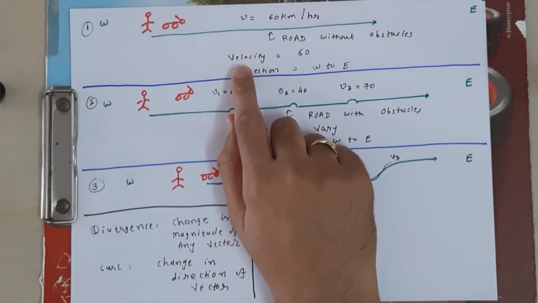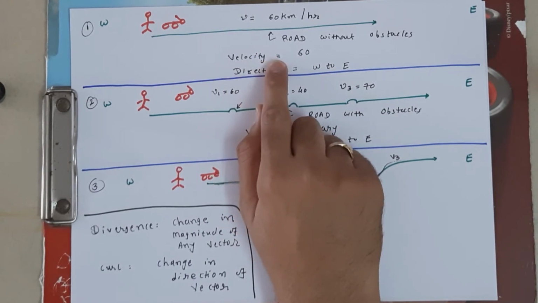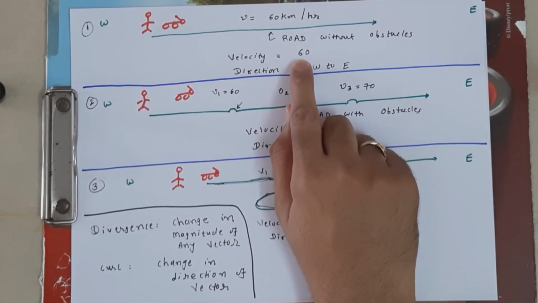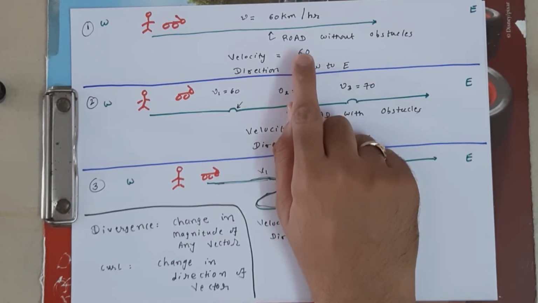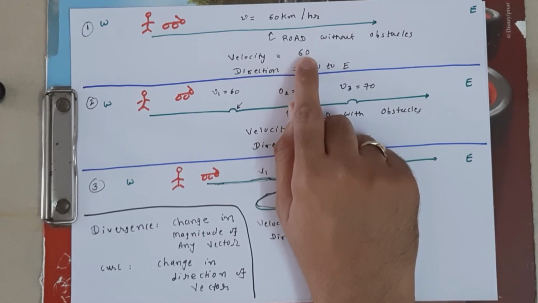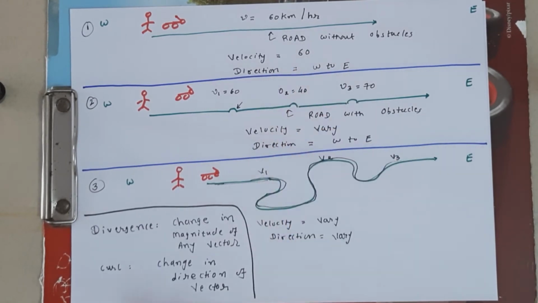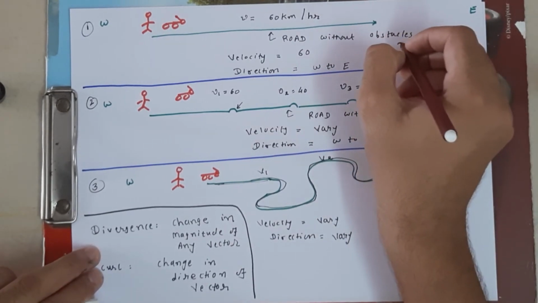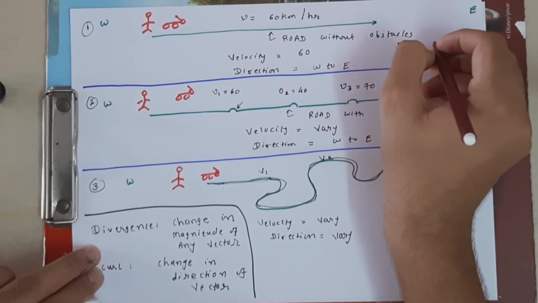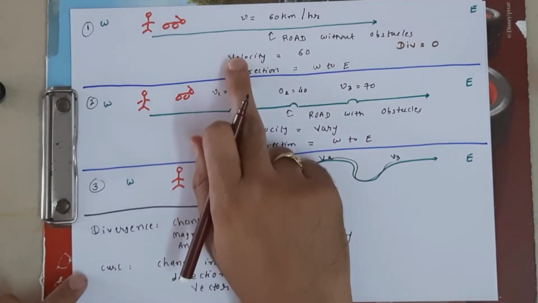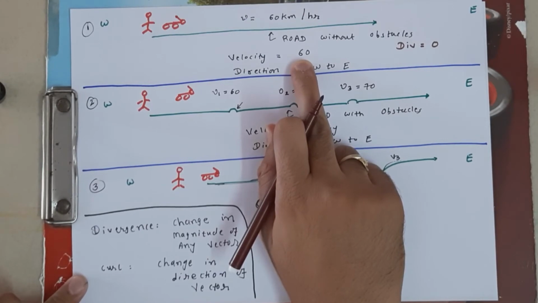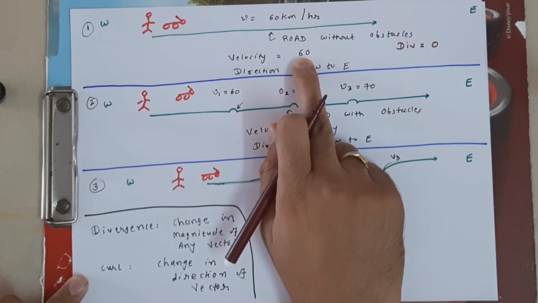So let us consider the first case. In the first case, does the magnitude change? No, the magnitude is constant. There is no change in the magnitude. So what is the divergence? Divergence is 0. For the first case divergence is 0 because the velocity is fixed, the magnitude of velocity is fixed.